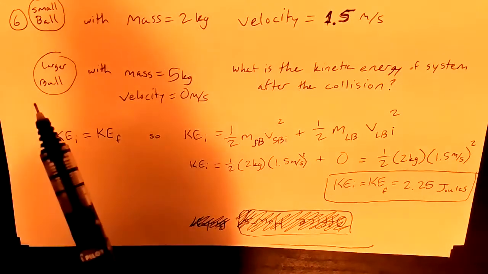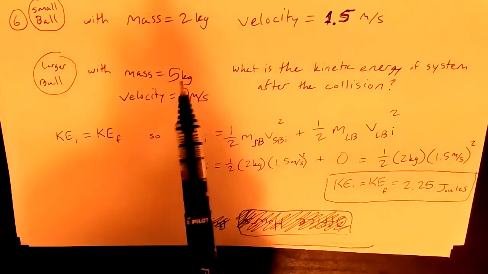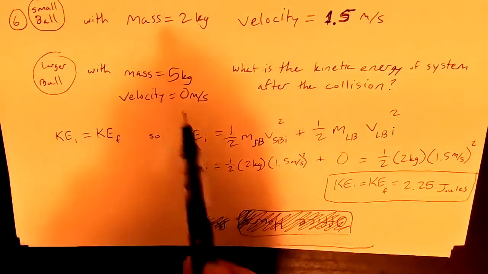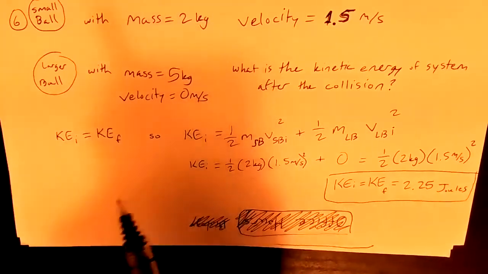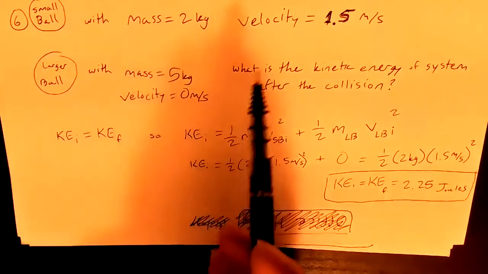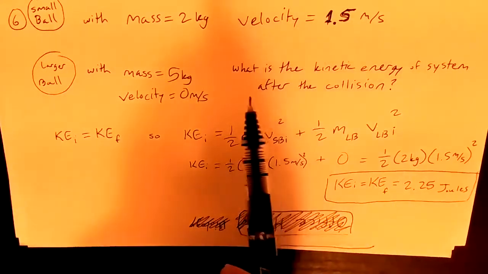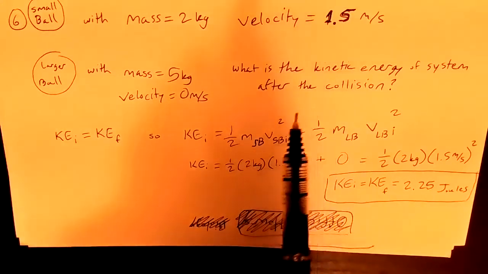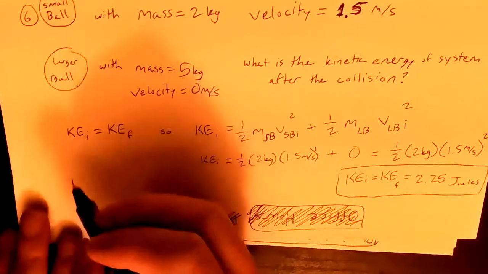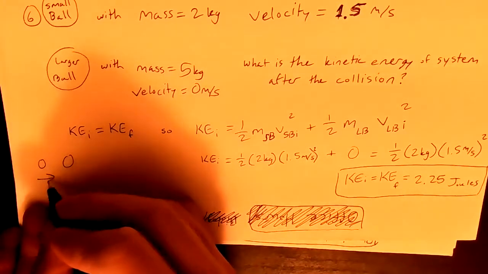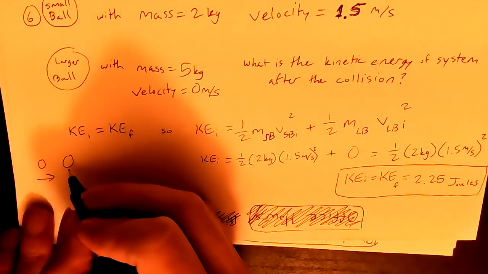And then a larger ball has more mass of 5 kilograms, but it's stationary at rest. Velocity is 0. And we want to know what is the kinetic energy of the system after the collision. So we have a small ball hitting a larger ball.